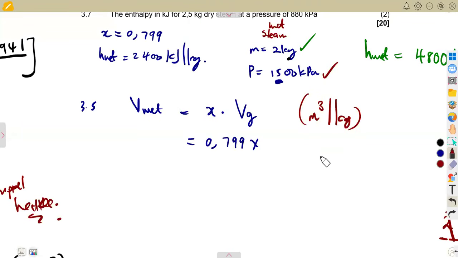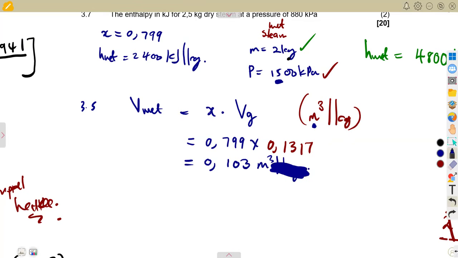All right. So this value, we took it from the steam table, which is 0.1317, cubic meters per kilo. That is why you're obtaining your answer in cubic meters per kilogram, which is going to be something like 0.103 cubic meters per kilogram. But the moment that they want it in cubic meters, it means the mass has to be eliminated.